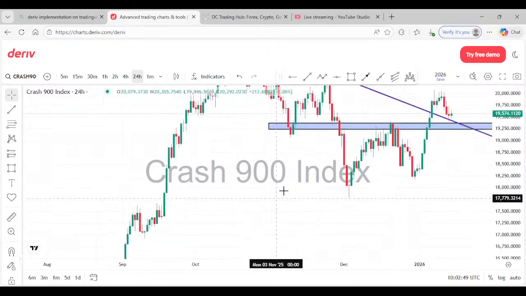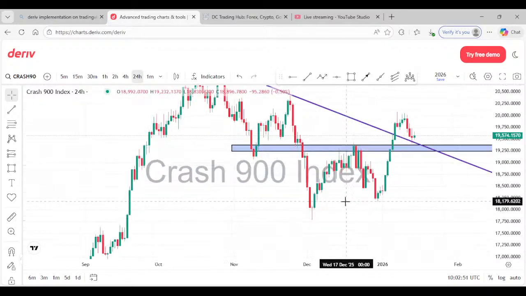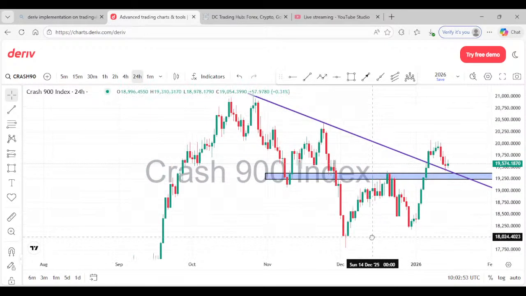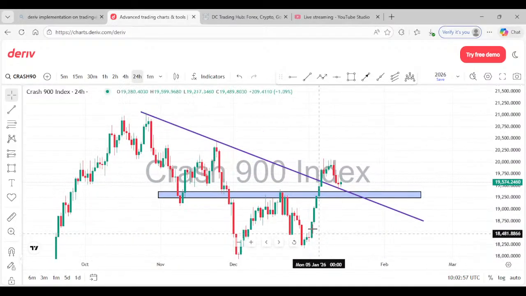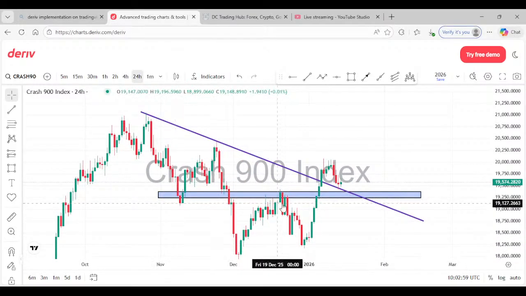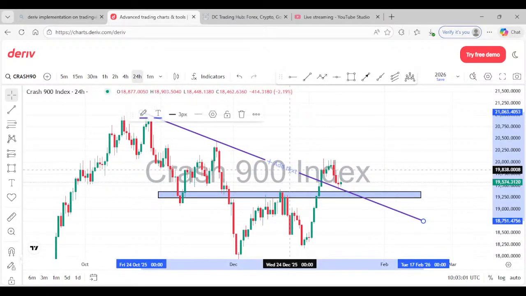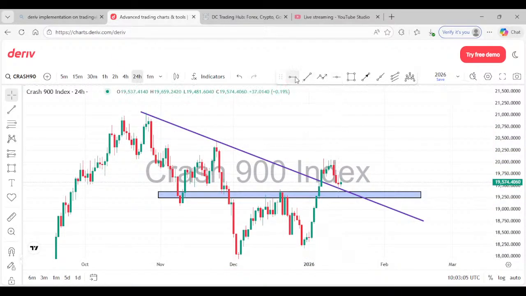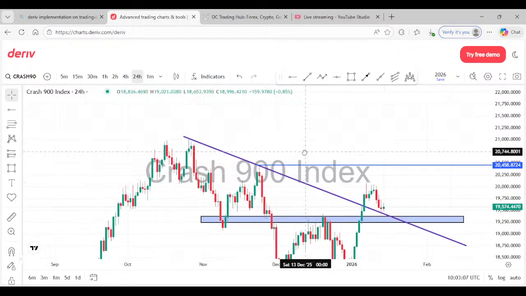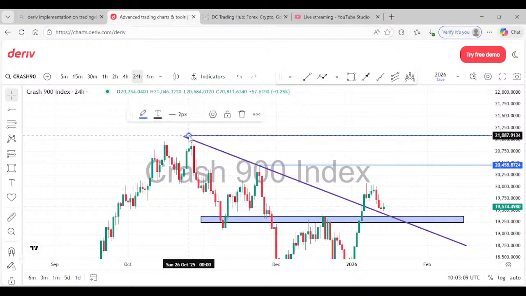That's what we can see. And during this phase, we had this correction, and price was able to break our trend line. This is indicating that price is likely going to push upwards. Our first target will be this level, and the next target will be this level here.